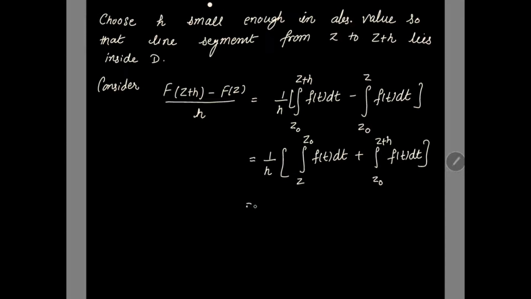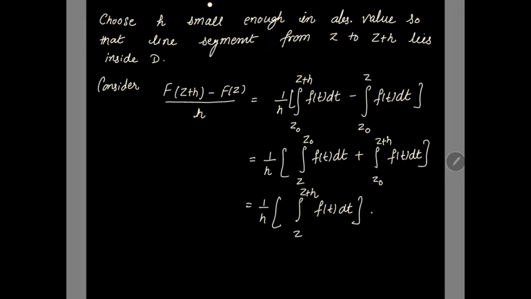Very fine. Which is equal to 1 over h collectively. Now z to z0 and z0 to z plus h, so this is z to z plus h of f(t) dt.